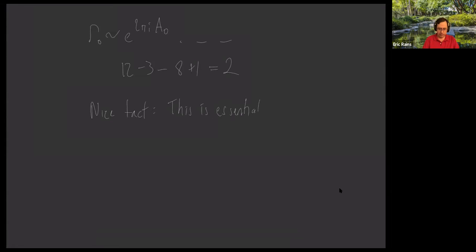This is essentially a bijection from the 2-dimensional space of equations to the 2-dimensional space of monodromy representations.